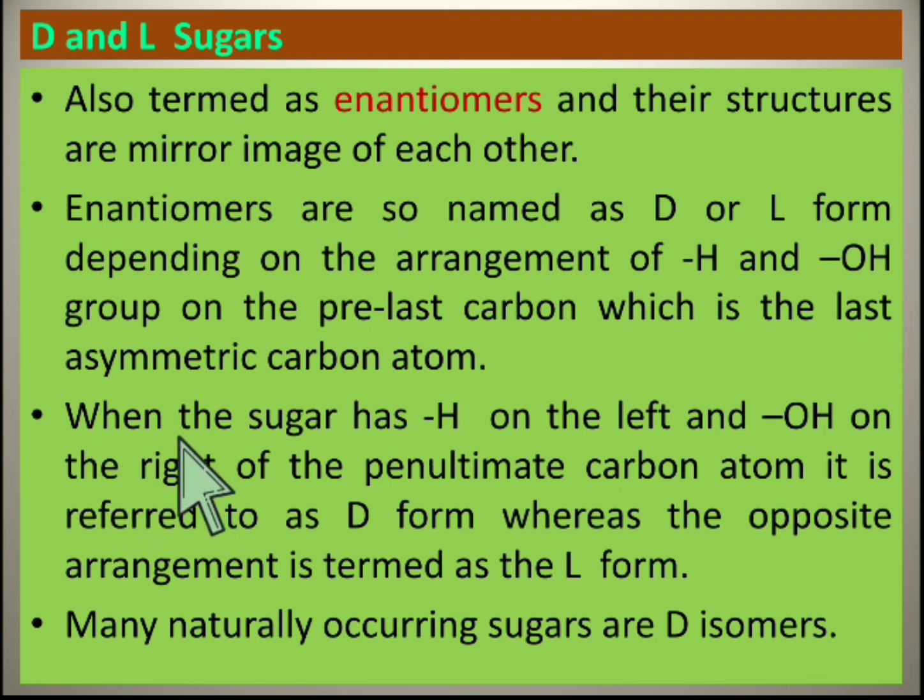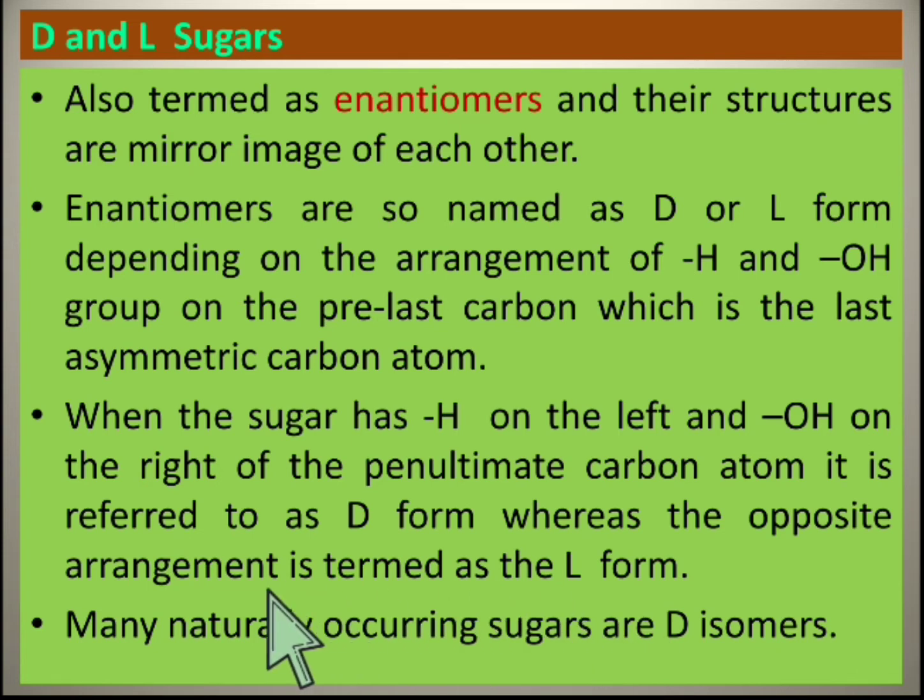So you can see that when the sugar has a hydrogen group on the left and a hydroxyl group on the right of the penultimate carbon atom, that is the pre-last carbon atom, that form will be referred to as the D form. Whereas the opposite arrangement, when the hydrogen is on the right and hydroxyl group is on the left, will be referred to as the L form.